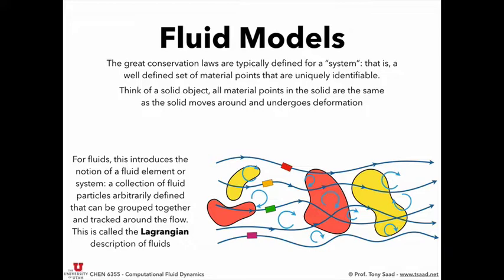What I'm going to do, I'm going to pick an arbitrary piece of this fluid, a very small indivisible piece of a fluid that maintains the properties of a fluid. So I'm going to call that a fluid particle or a material point. That's going to be the material point of a fluid. What does that mean? I don't know. It means a bunch of fluid molecules that maintain the properties of a fluid. The point is that's the indivisible, the smallest piece of a fluid you can describe. We're going to call that a fluid particle. And that is going to allow us to apply the great conservation laws to a fluid.